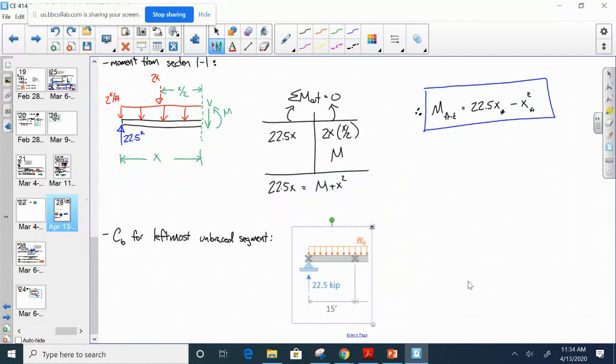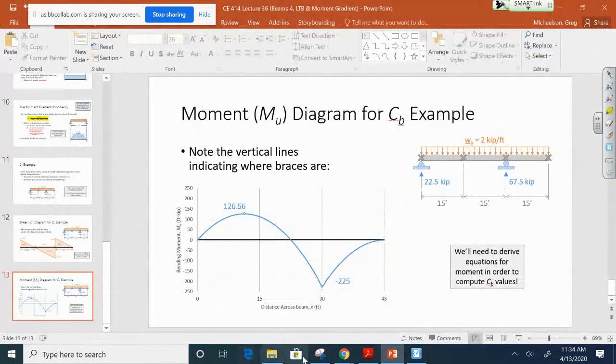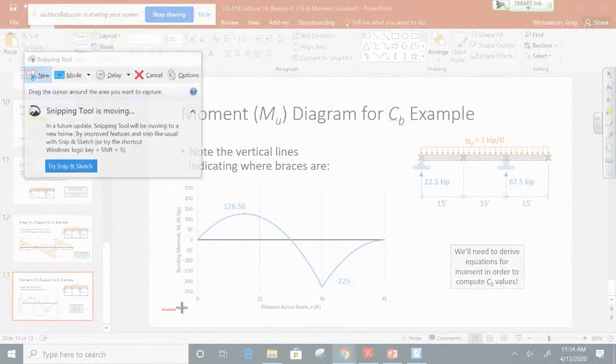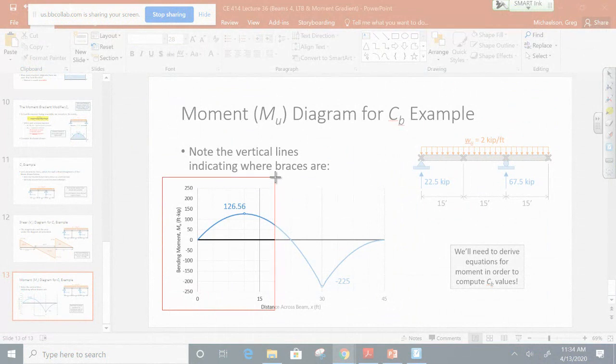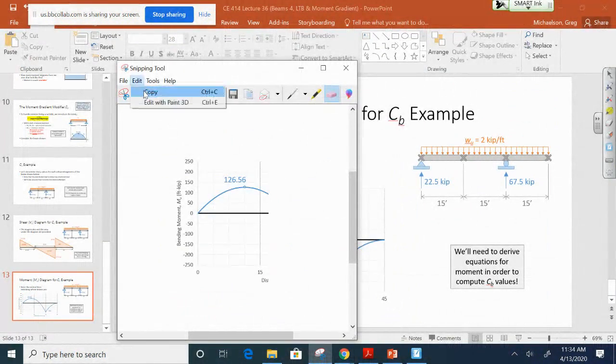And let's also be clear on what the moment diagram looks like for that unbraced segment. It looks like this. I'm just looking at this segment.